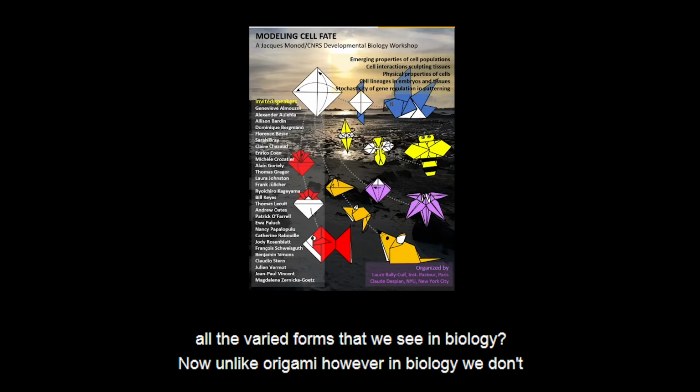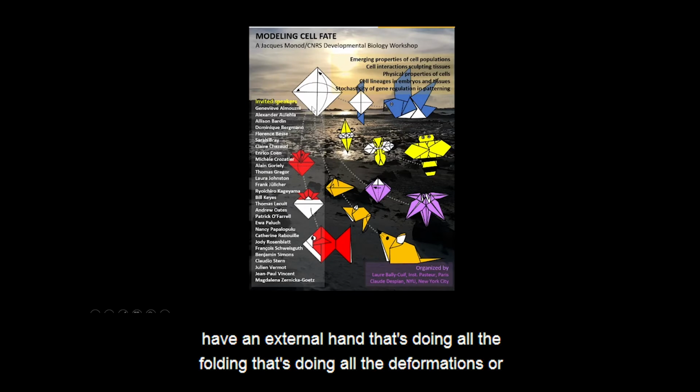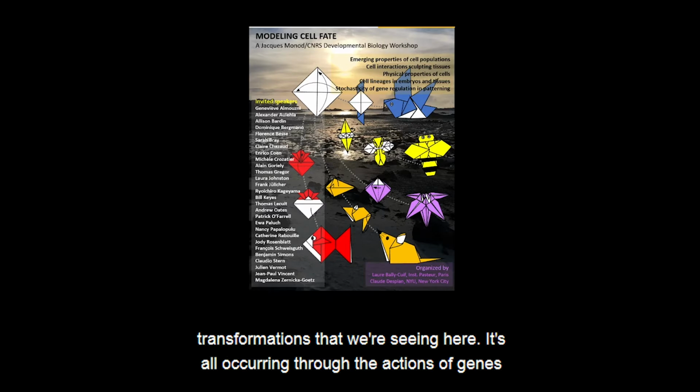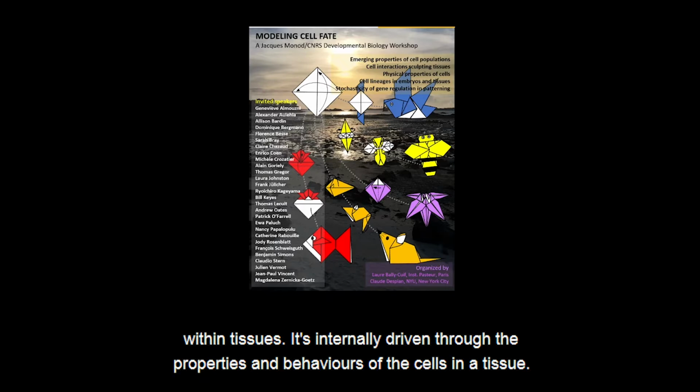The question is, might there be an equivalent set of rules or principles that underlie all the varied forms that we see in biology? Now, unlike origami, in biology, we don't have an external hand doing all the folding, all the deformations or transformations that we're seeing here. It's all occurring through the actions of genes within tissues. It's internally driven through the properties and behaviors of the cells in a tissue.